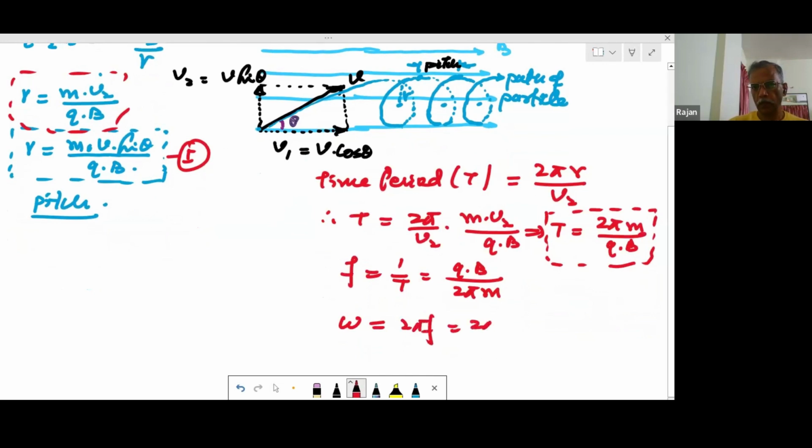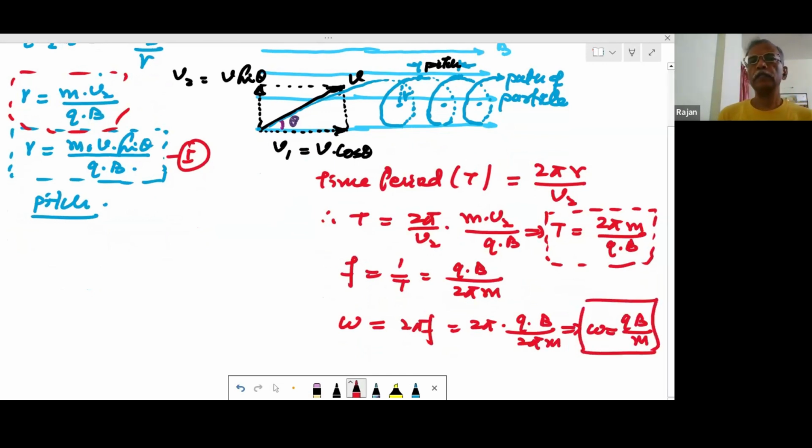So we can have 2 pi qB by 2 pi m, and 2 pi will go, so omega is equal to qB by m, right? So time period, frequency, and angular frequency will be the same. If you are remembering by formula, then remember whether it is projected perpendicular or making an angle with the B, the time period, frequency and omega will be the same. What is not the same? The radius. Radius will not be the same.